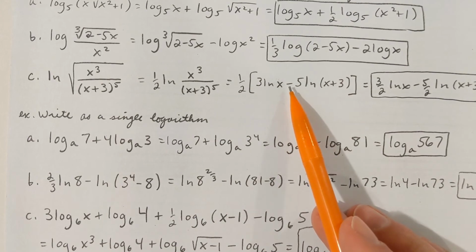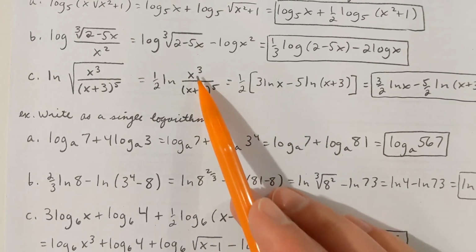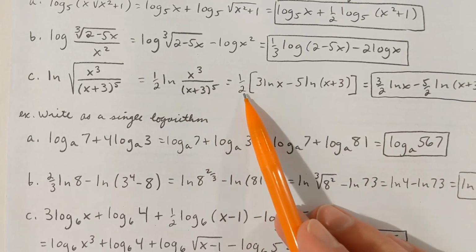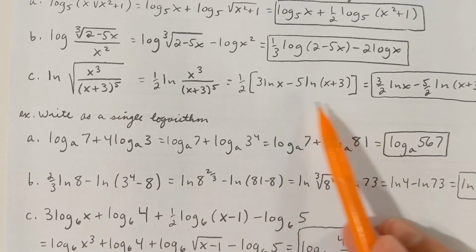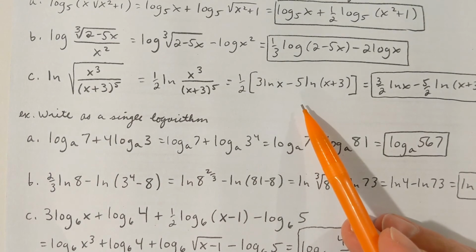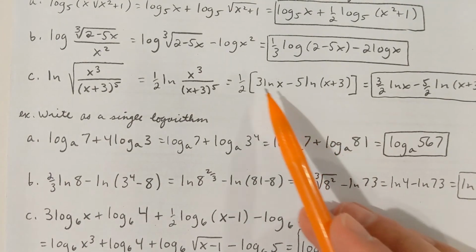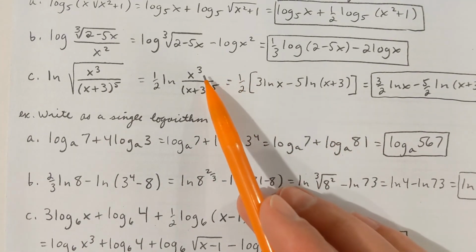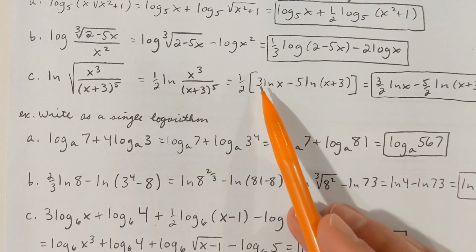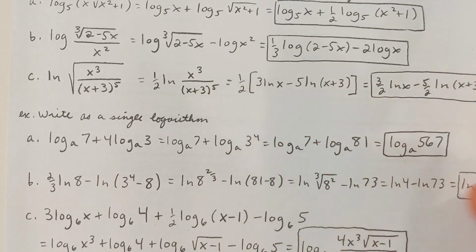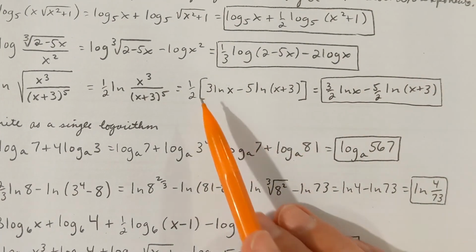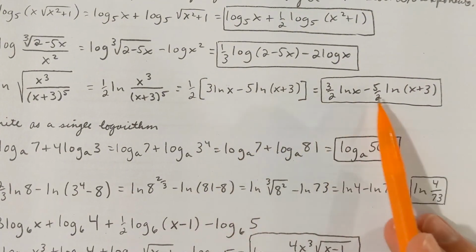The operation would be subtraction since I'm dividing the inner terms there. Now I want 1/2 times the whole thing. That would be subtracting these two logarithms. Also, powers can come in front of logarithms, right? So the power of 3 would come in front of that first logarithm. The power of 5 would come in front of the second logarithm there. The last thing is that you could distribute the 1/2 into the two terms there if you want.